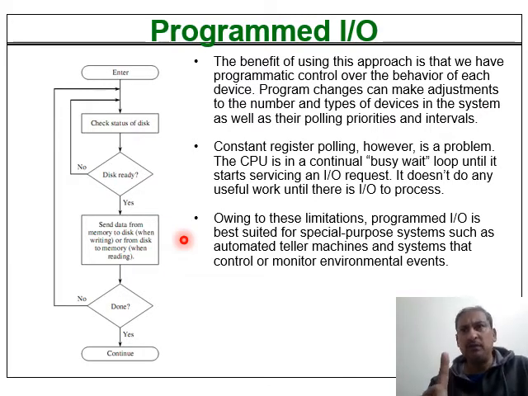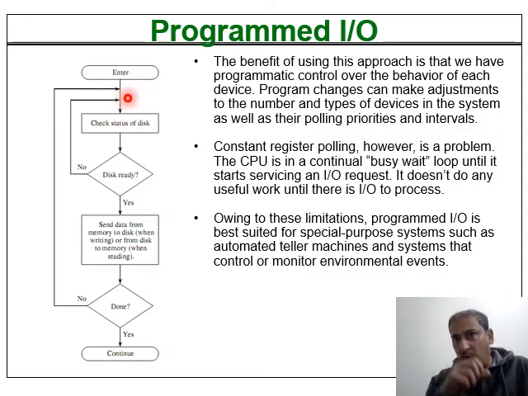Once that one piece of data has been transferred, the CPU once again checks whether the input output process has been completed. What I mean is, have all the pieces of information that were required been transferred? If they have, it comes out of the input output cycle. If not, it goes back to the starting point.